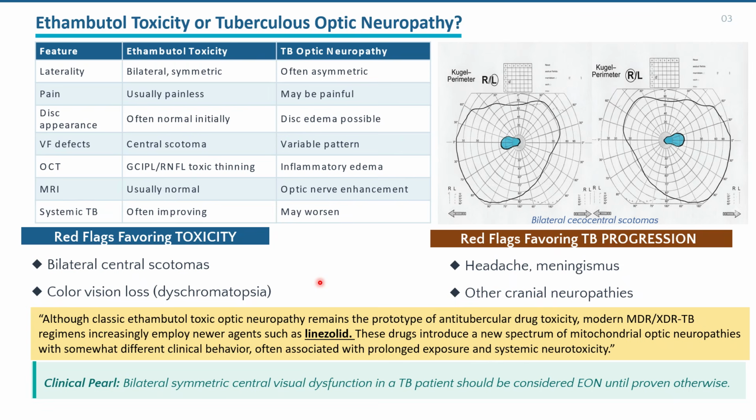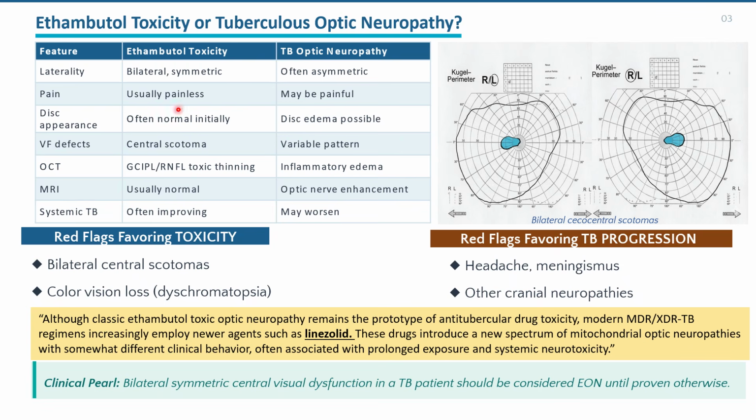However, as I said before, although the incidence of ethambutol toxicity is not that high, it is the classic example of optic neuropathy and remains the prototype for the different anti-tubercular drug toxicities, because of the emergence of new multi-drug resistance and the different protocols for anti-tubercular treatment, namely the linezolid drugs, which is also one of the drugs responsible for the mitochondrial optic neuropathy associated with this treatment.